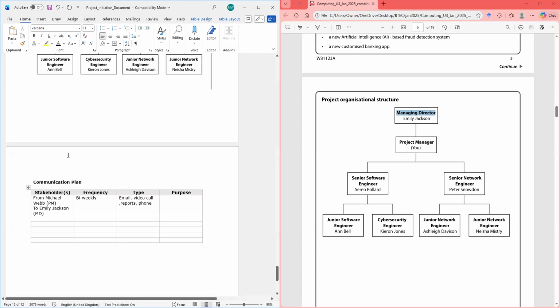Or you could say bi-weekly or as necessary. Email, video calls, reports, phone calls.